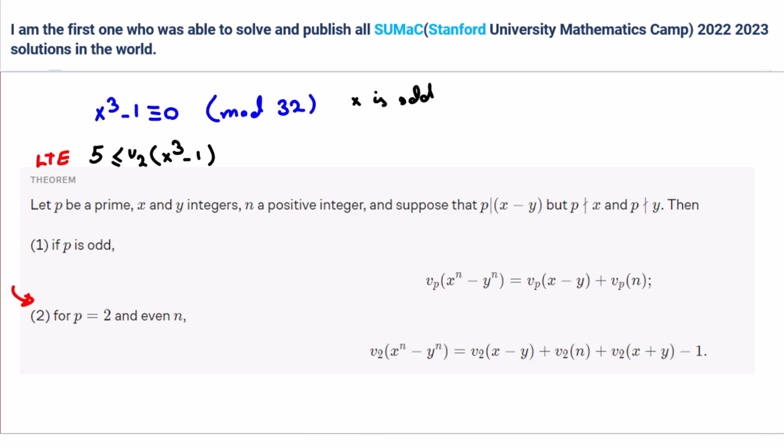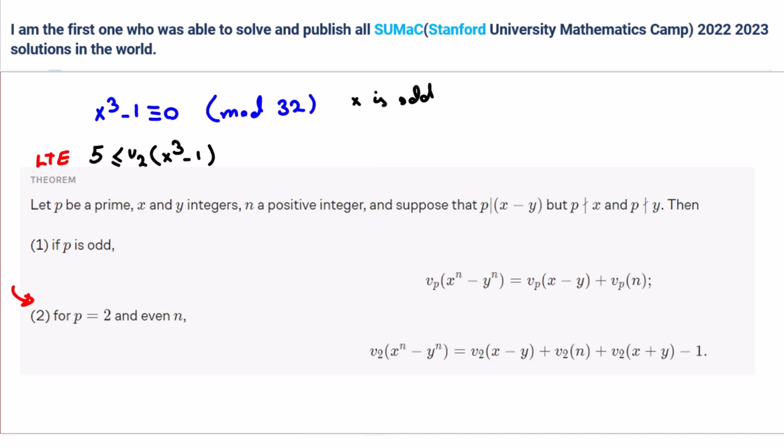What do you mean by square? Like say x to the 6 minus 1. You can do x to the 6 minus 1. There are also some other approaches that we can use.